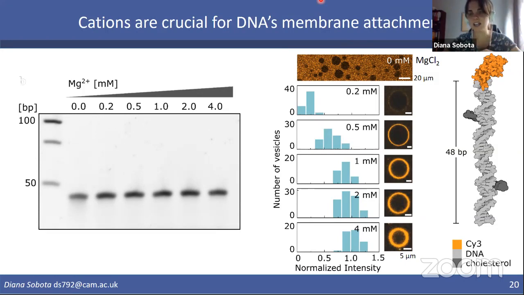It's not something that I know that much about, but I believe that with the concentration of magnesium that we have to ensure bigger constructs are folded properly, the cells are just unhappy, maybe. So again, I think one step before working with cells is to make sure that we can fold the DNA in conditions that cells would find comfortable.